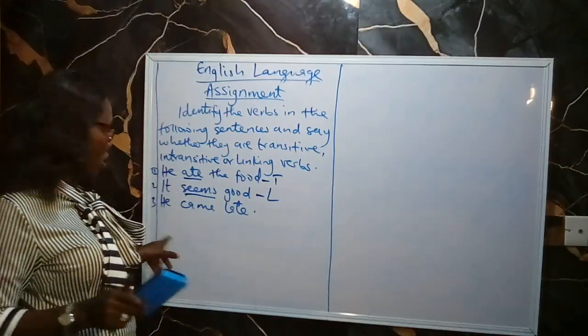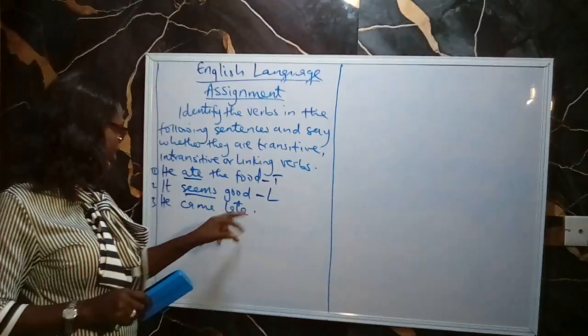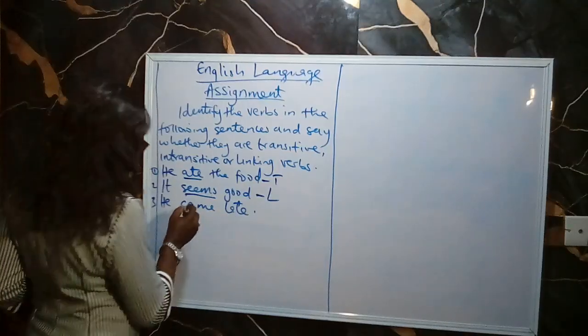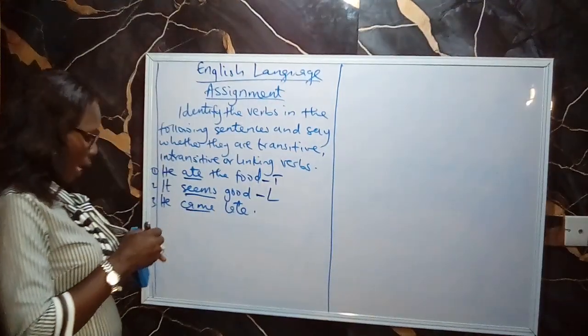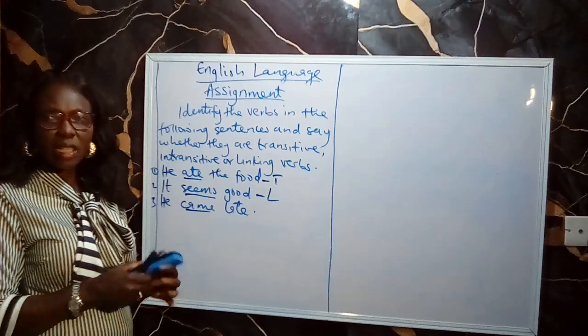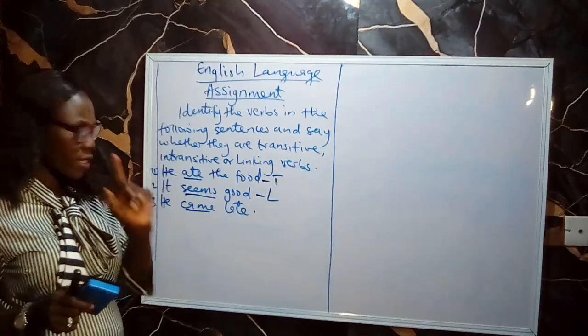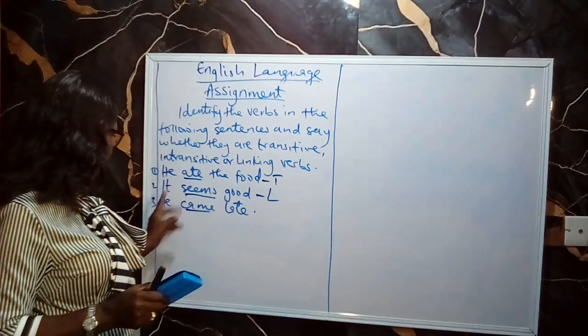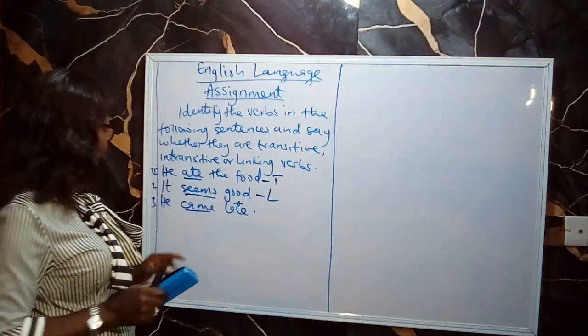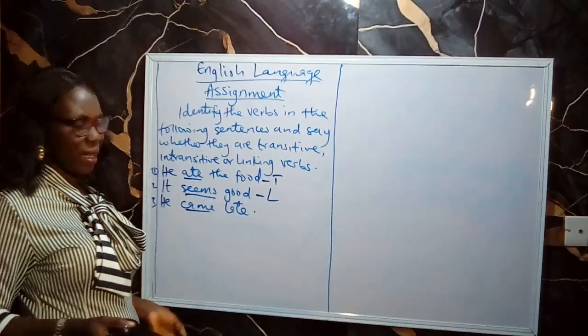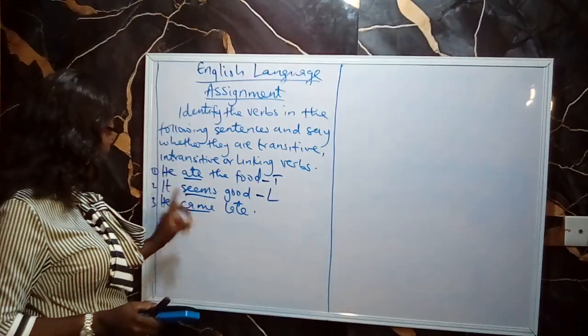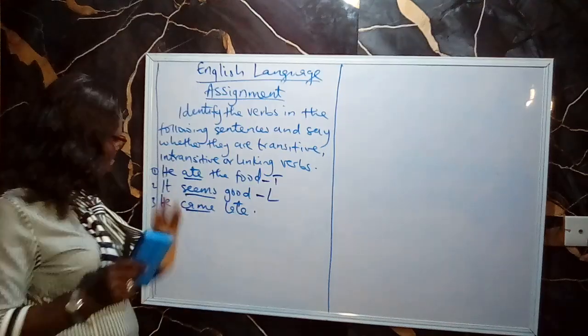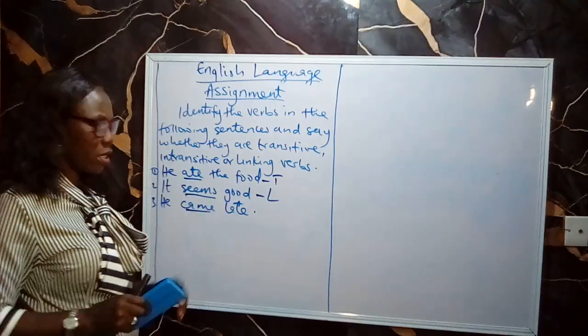Now let's go to the third one. He came late. The verb here is came, and late here is not an object because it does not receive the action of the verb came, and he came is a complete sentence. So the verb can function without an object.